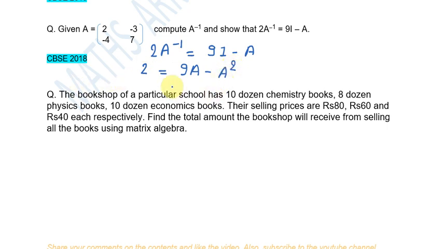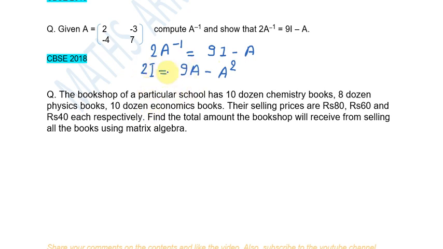So the second method in which you can solve it is, of course it won't be a shortcut as I had thought, but you can consider it to be a second method. So 9A minus A square should be equal to 2I, because both sides should be a matrix, so 2I we should take.